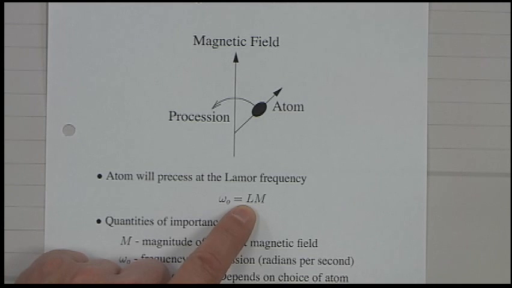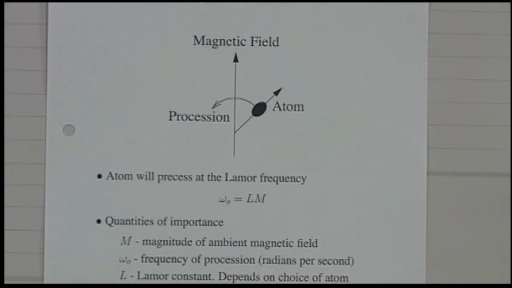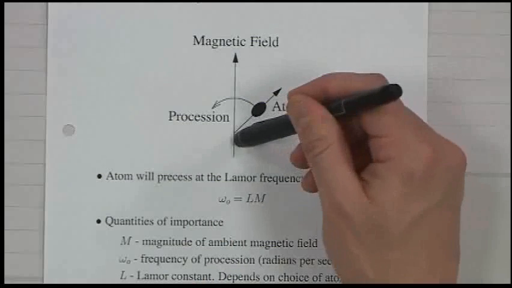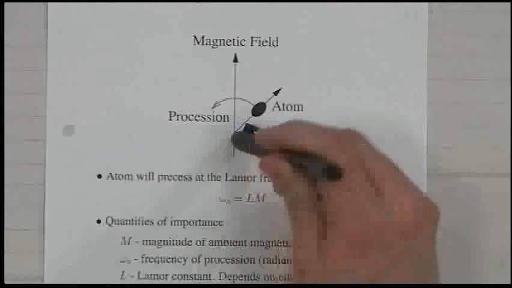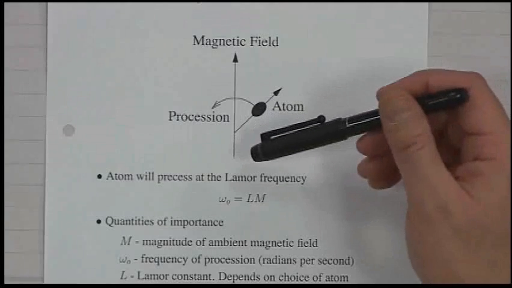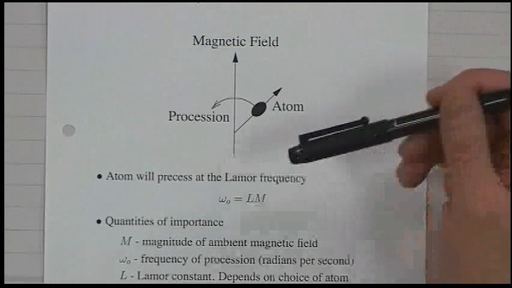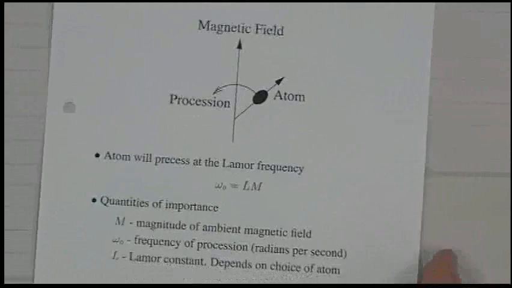Okay, so if you take L, you multiply it by the magnetic field in Tesla, it gives you the frequency of precession, and that is a physical property of the fact of it being hydrogen. There are other species which have this magnetic dipole and will precess, but they'll precess at a different frequency, and that's why it has to be designed for that particular species.